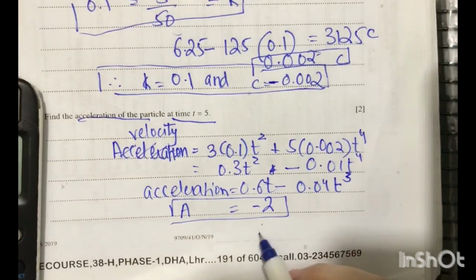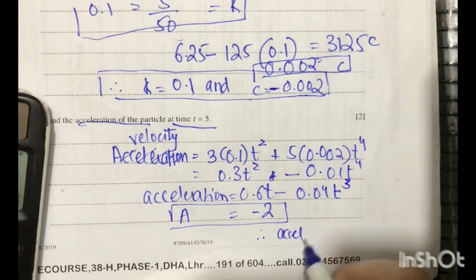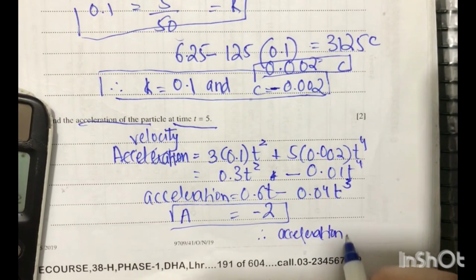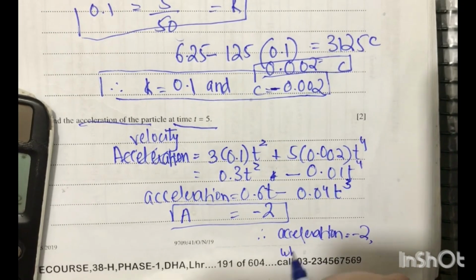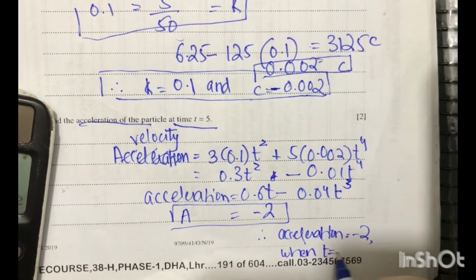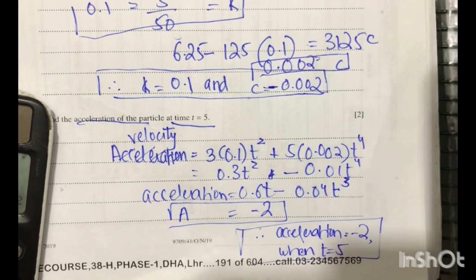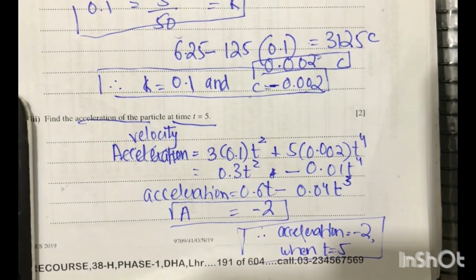So we can write this as acceleration is equals to minus 2 when t is equals to 5. That is the end of question number 7 and this paper.